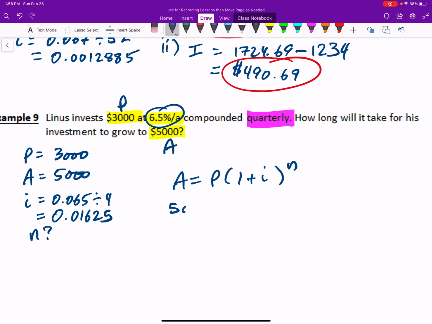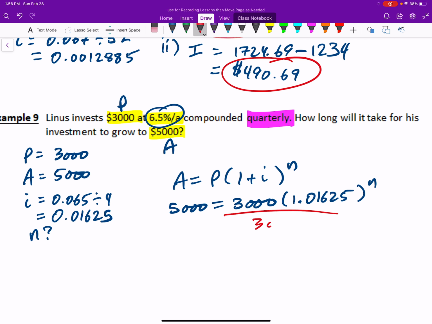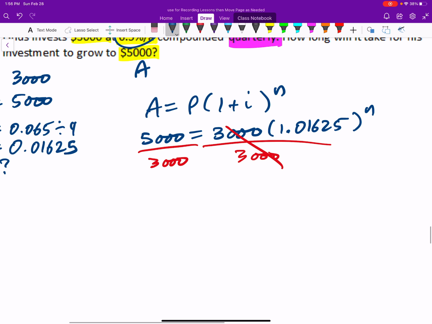So 5,000 equals 3,000 times 1.01625 to the n, when I add the 1 and the i together. Again, this is one of those exponential equation type things where I'm just going to use guess and check, but I can simplify first by dividing both sides by 3,000. So 5,000 divided by 3,000 reduces to 5 over 3, which is the same as 1.6 repeating. So about 1 2/3, in other words.